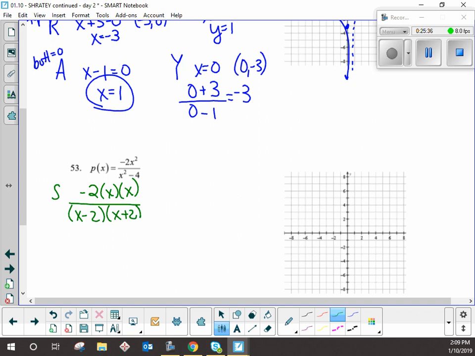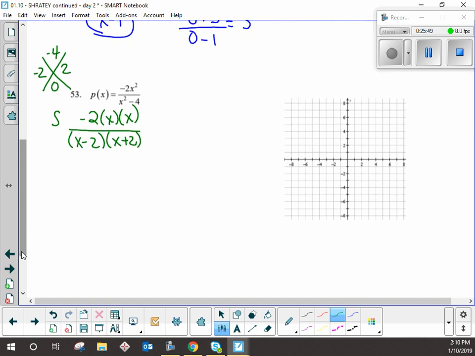But let's say you forgot that rule. You can still do swing. You would just say, well, it multiplies to negative 4 but adds to 0, because there's no b term. There's no middle. And you would still come up with negative 2 and positive 2. Okay, so now that we have it in factored form, does anything cancel out here? Is there anything that's the same in the top and bottom? No, right? So since nothing's canceling, that H step is not applicable.